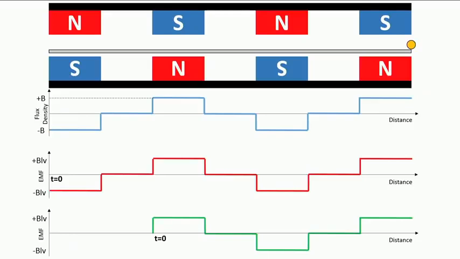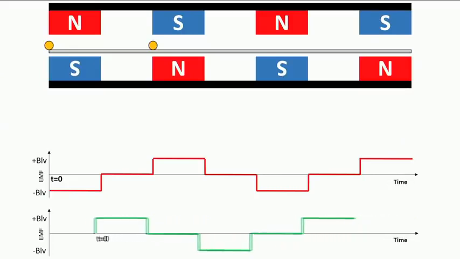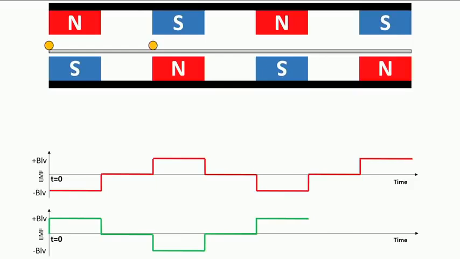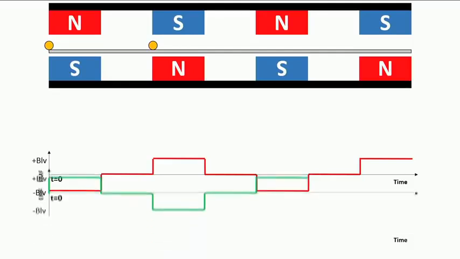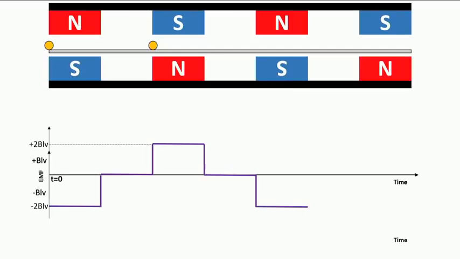Now, if these two conductors are connected at the back in series, then you will get the resultant voltage, which will be the difference of these two. This red voltage is the voltage induced by this red conductor, and if you take the difference, you will get twice the voltage, indicated by the blue curve.